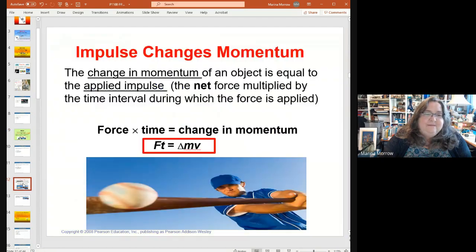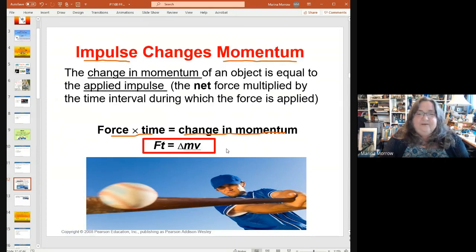So in baseball, we often change the motion of a ball with a bat. And so the idea is that the impulse, the force times the time, changes momentum, mass times velocity. And so the formula for that comes out to be force times time equals change in momentum, and we're using the delta symbol here. Remember, the delta symbol would mean final minus initial.